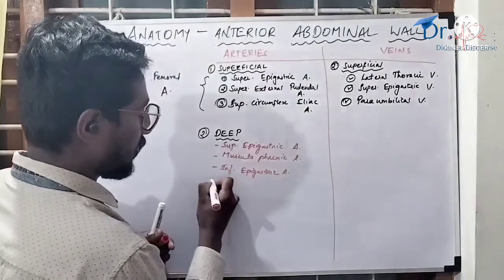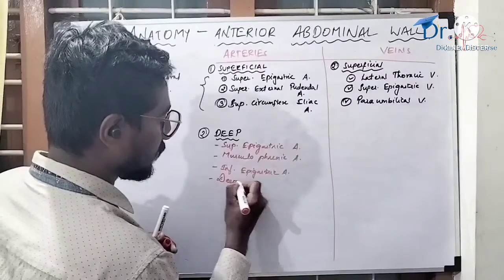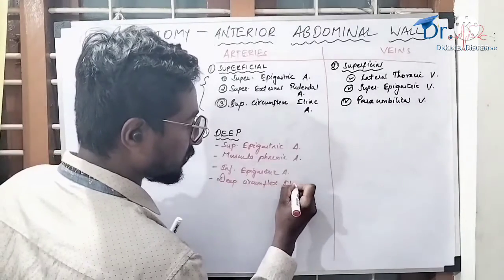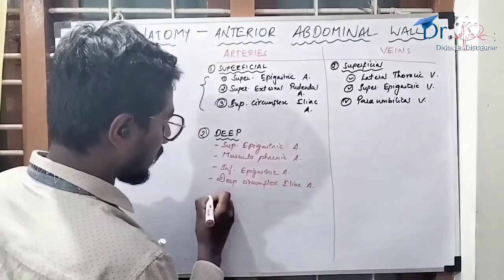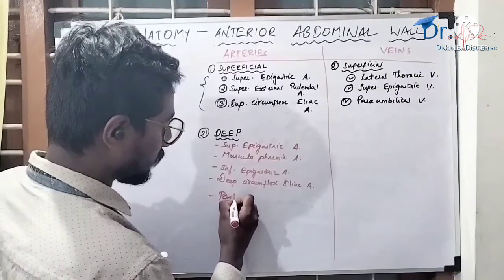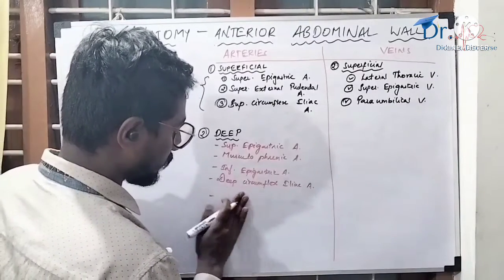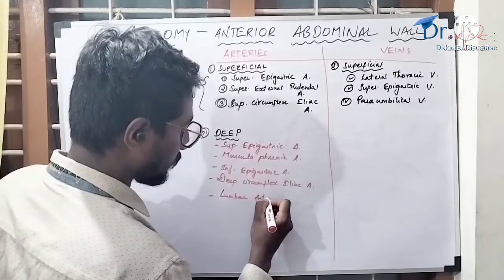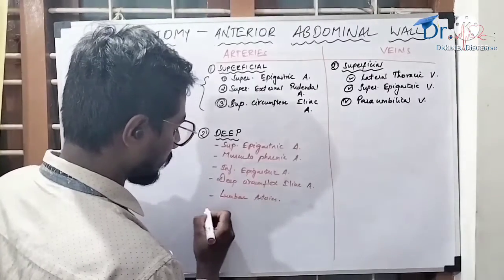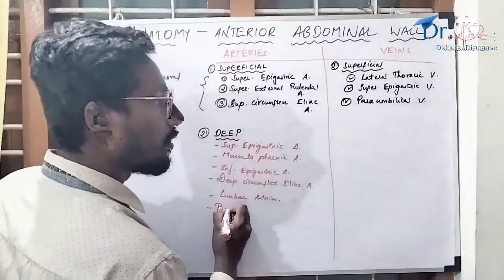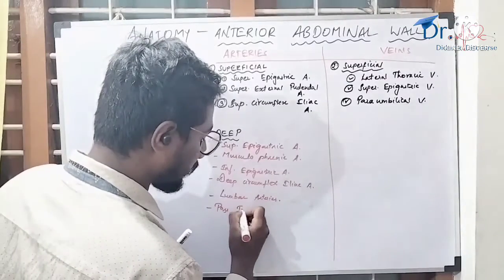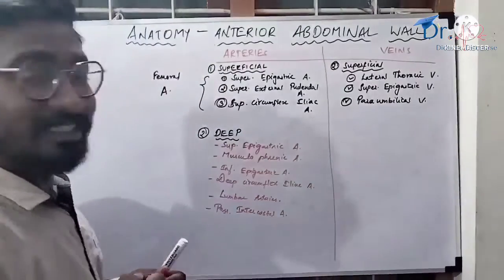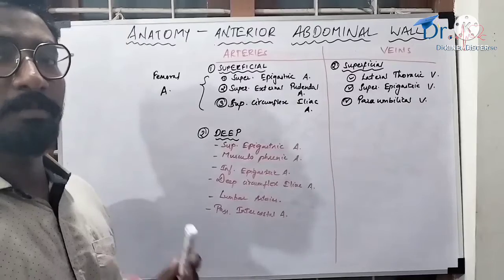Alright, and you have the deep circumflex iliac artery, the lumbar arteries, and the posterior intercostal arteries. So these are the deep arteries which supply blood to the anterior abdominal wall.